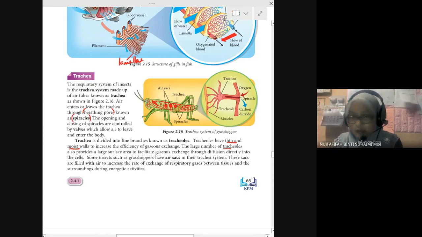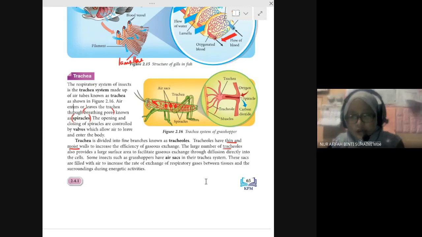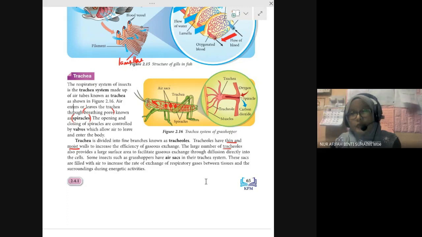Okay, for insects the trachea system consists of spiracles, which are actually the breathing pores, the air pathway. Then it's connected to the trachea. The trachea is divided into tracheoles.